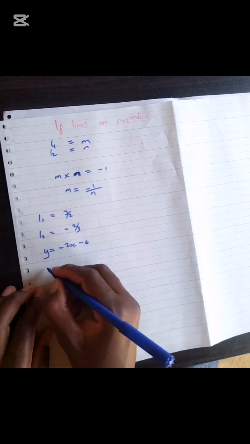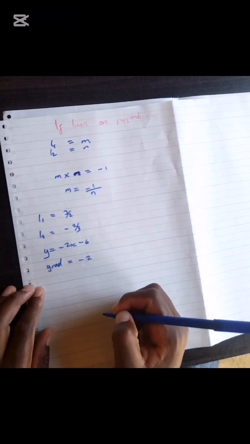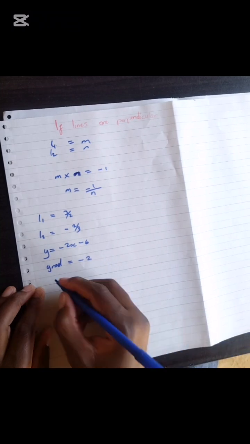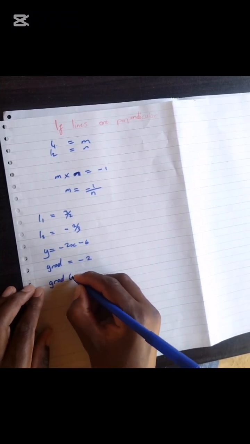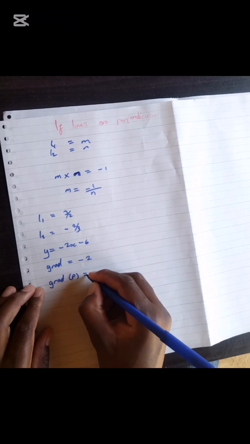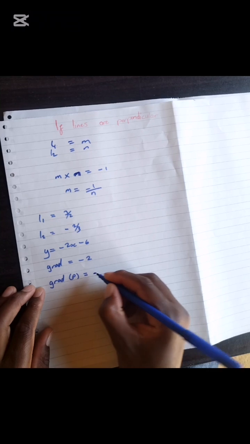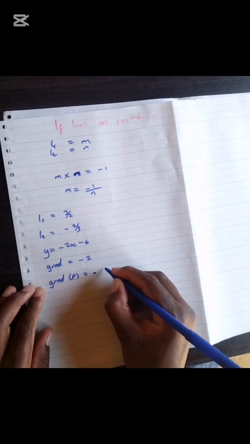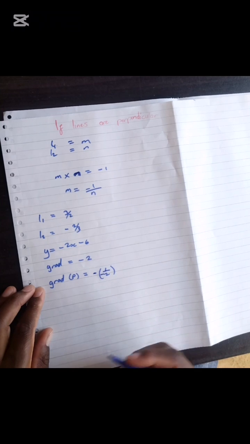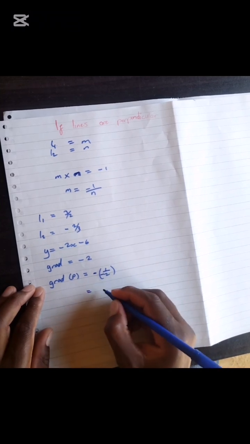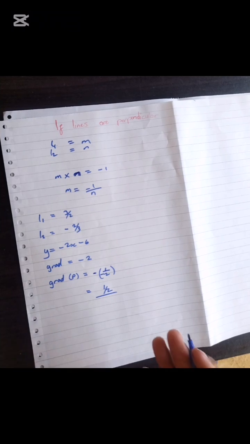The gradient for this line is -2. So the gradient for line P in this case would be -1 over -2, which simplifies to 1/2. That's the gradient for our line P.